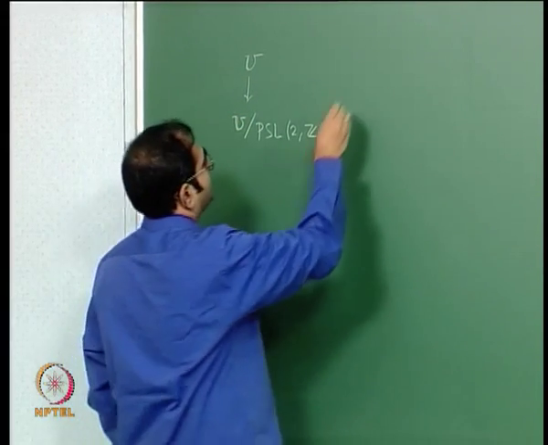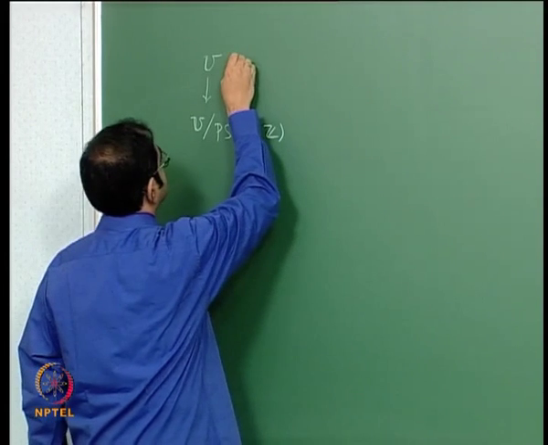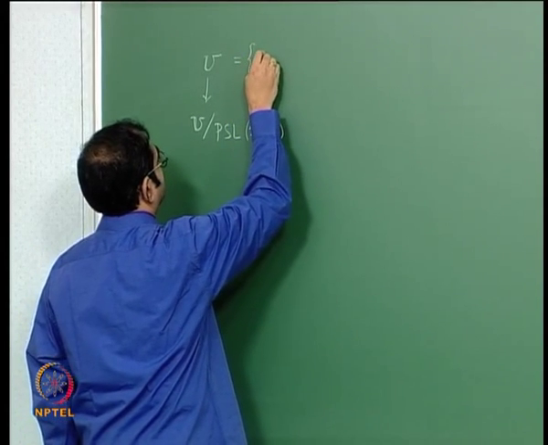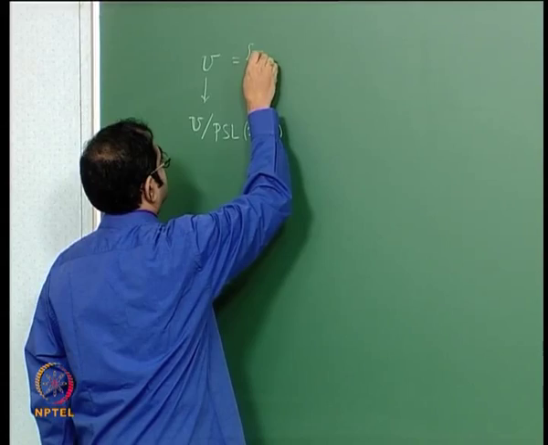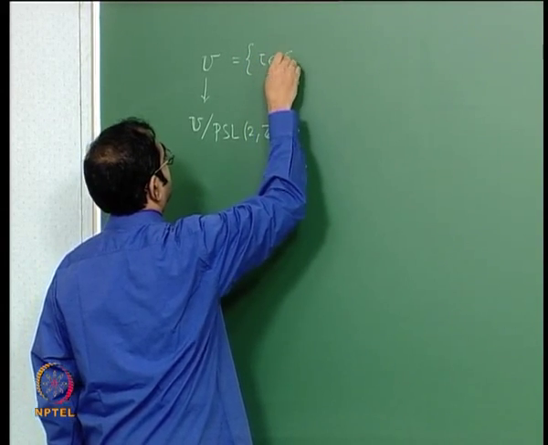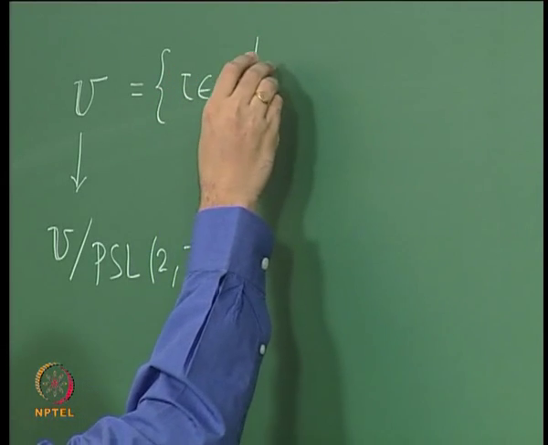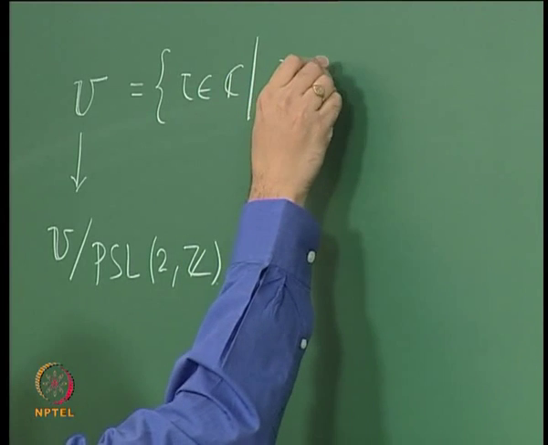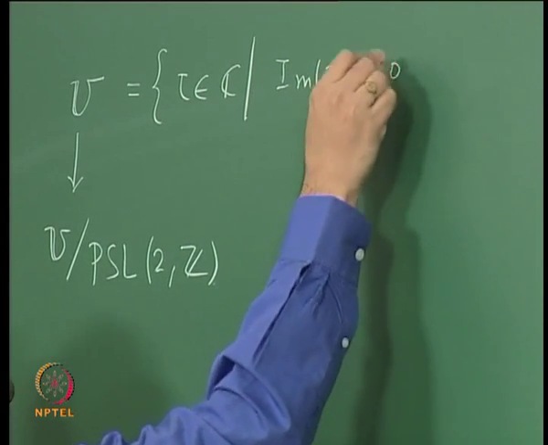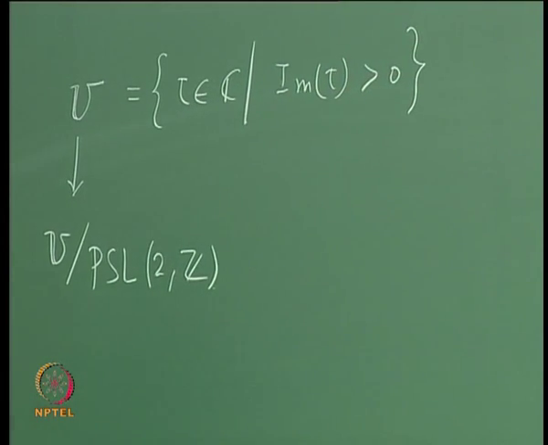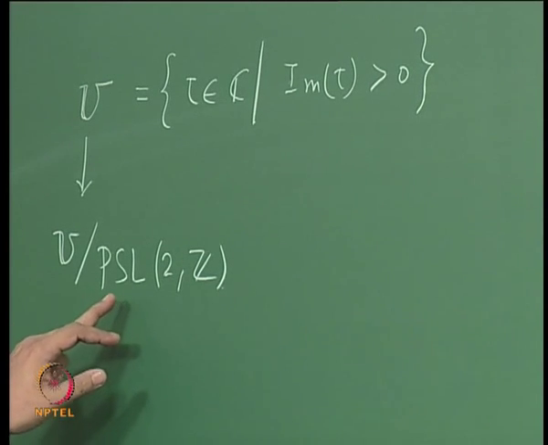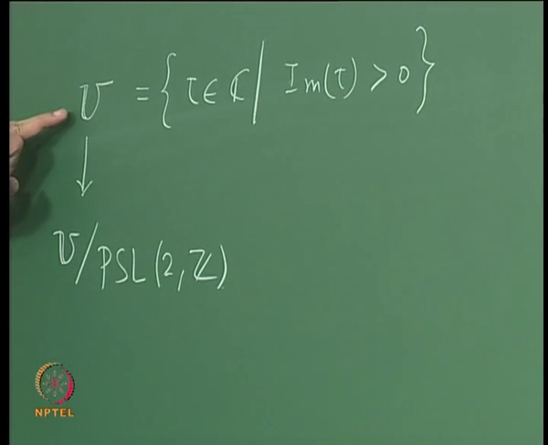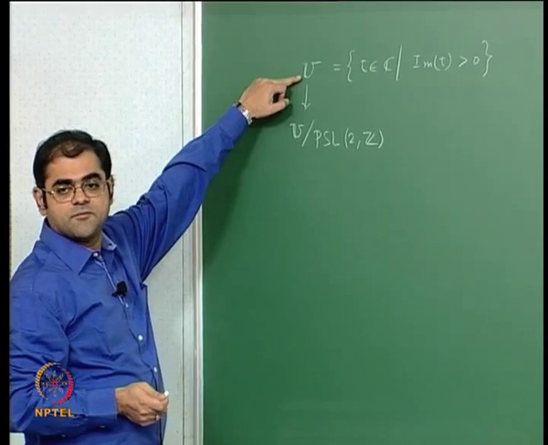Of course U is the set of all complex numbers tau such that the imaginary part of tau is positive. This is the upper half plane, and PSL2Z leaves the upper half plane invariant.